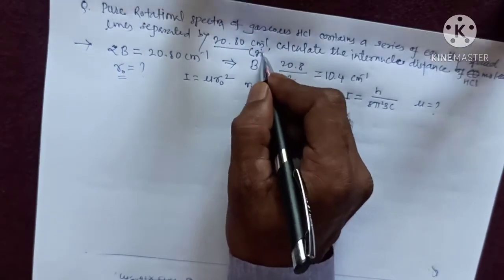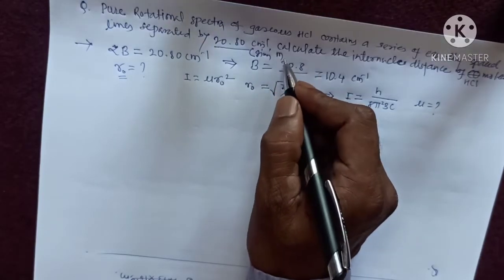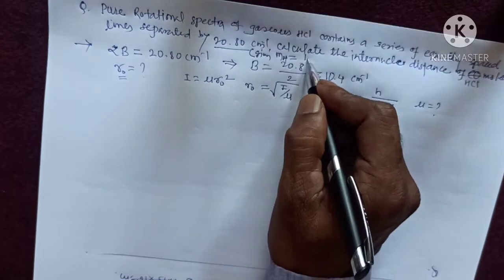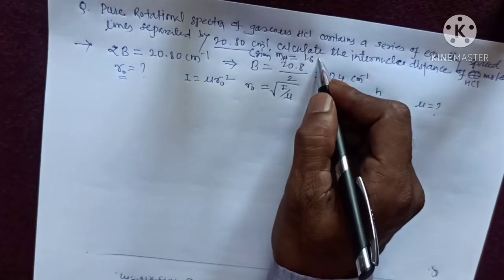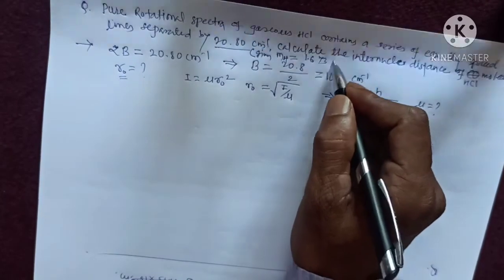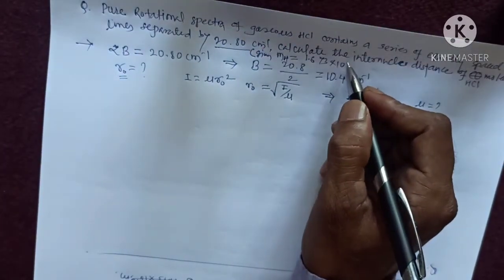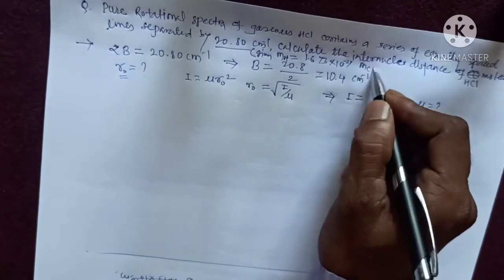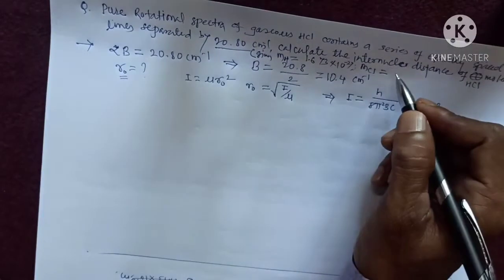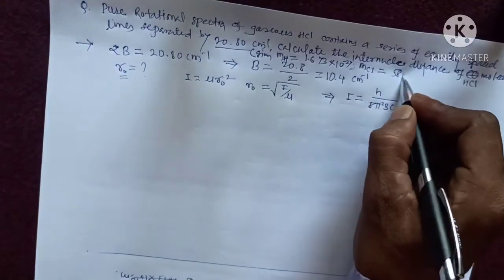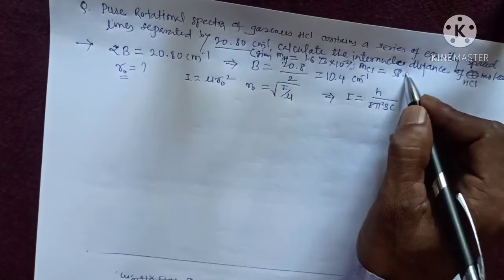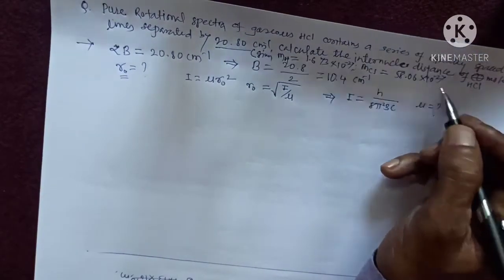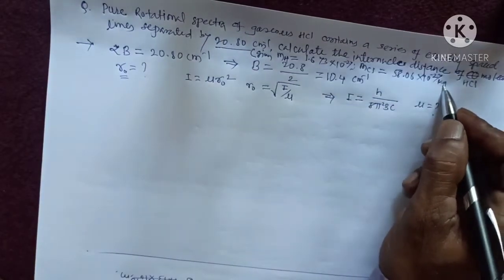Now the mass of hydrogen in terms of kilograms is 1.673 into 10 to the power minus 27, and for the SCl, the mass is 58.06 into 10 raised to minus 27 kilogram.